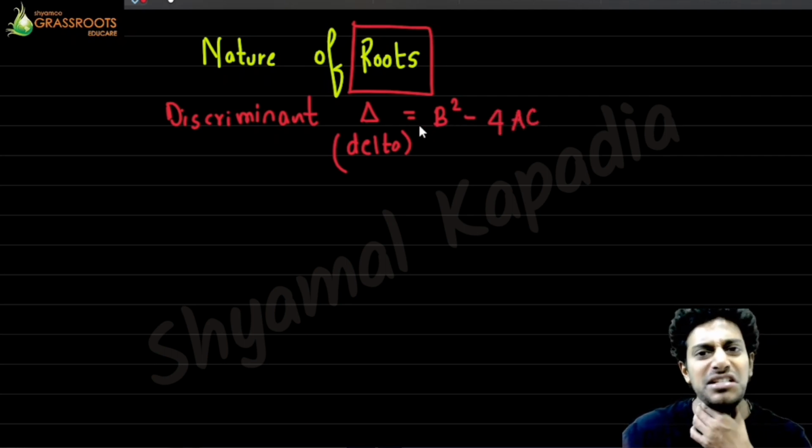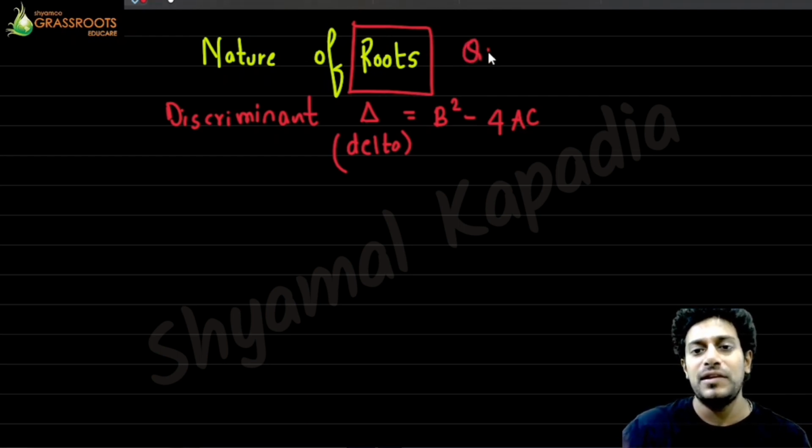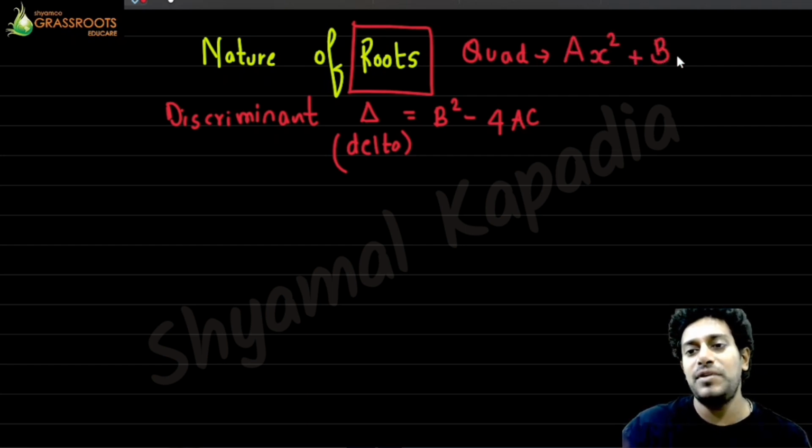Sir, what is abc? तेरे को पता है स्टार्टिंग में I made you do that कोई भी quadratic equation is given by ax square plus bx plus c equal to 0.